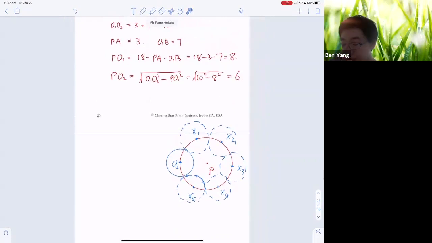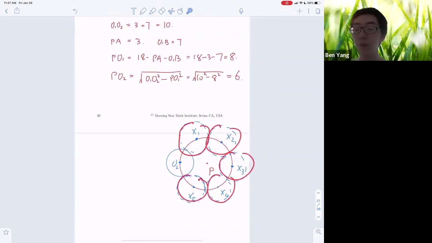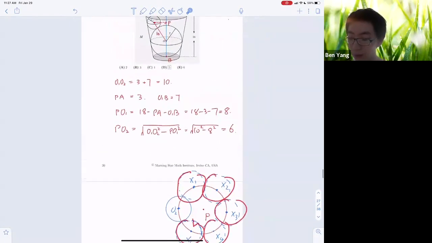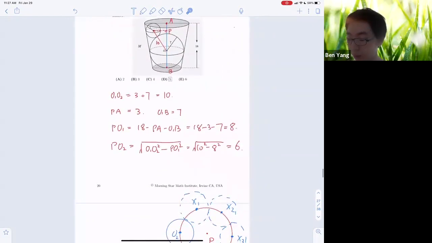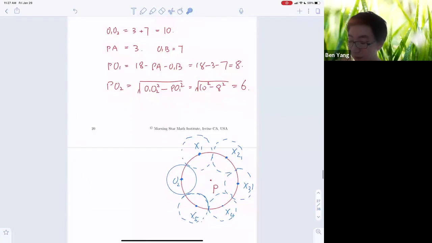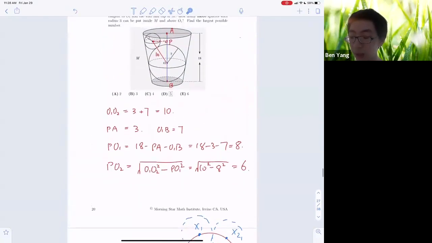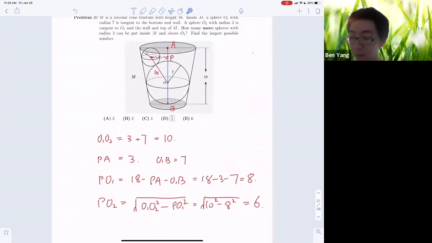Okay, so it seems that we can have 5 more circles there, which means we're going to have 5 more spheres. So we also need to pay attention to one extra thing. Right in the center here, we can also put a circle with radius 3 centered around P. We're able to put a circle there, but in fact, we're not able to put the sphere right in the middle here because the height there is not enough.